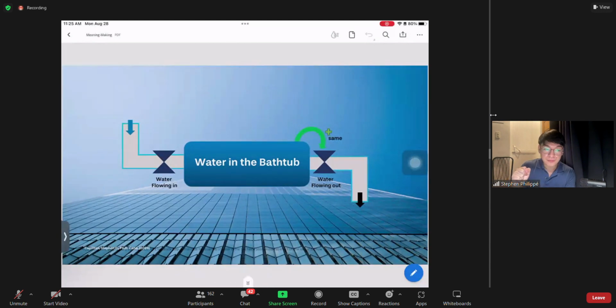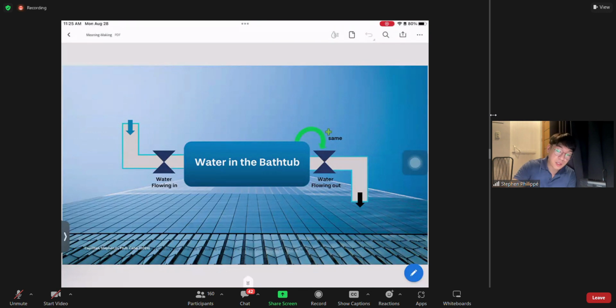So the water in the bathtub has a positive effect as you move the water flowing out. When you increase the water flowing out, it has a positive effect on the movement of water outside the system.